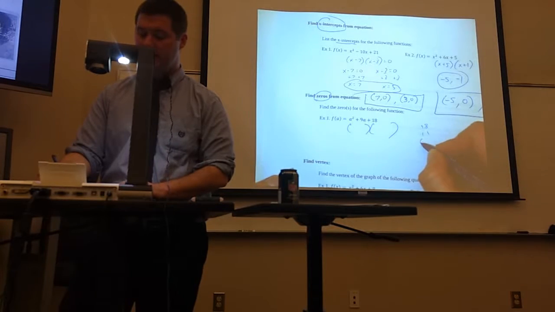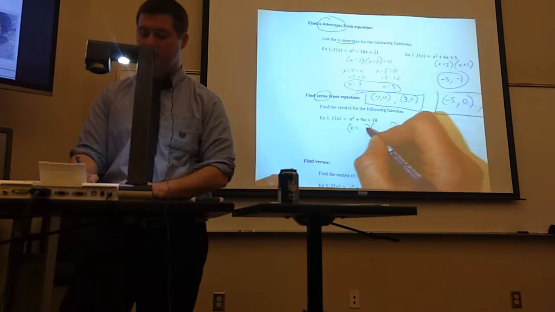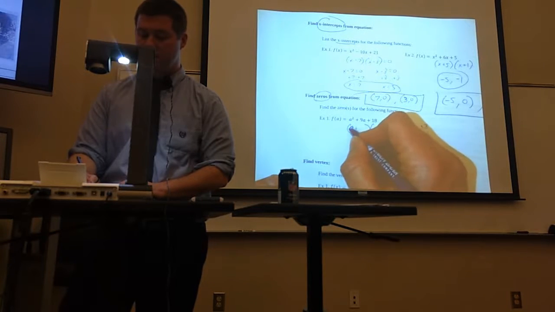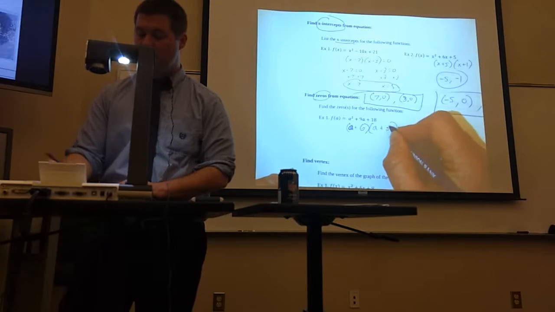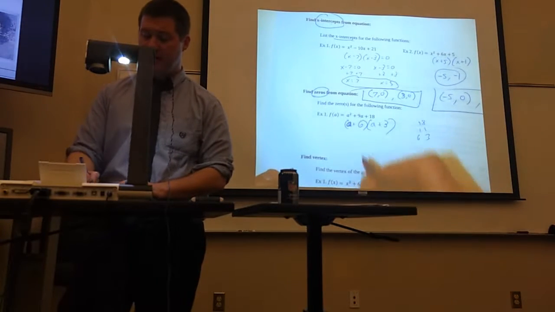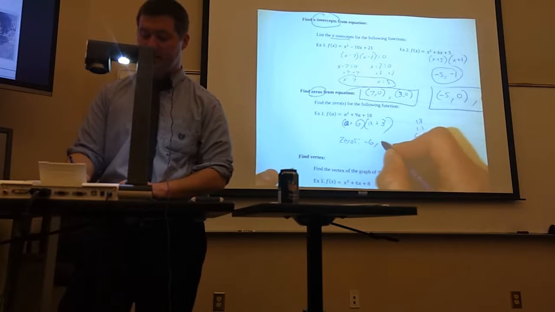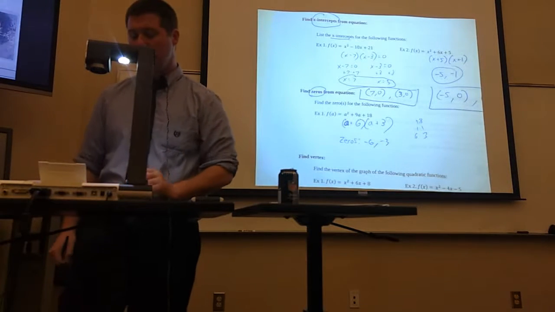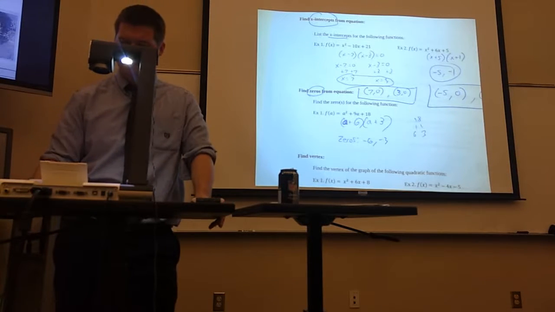Oh, yeah, that works. All right. A plus 6 and a plus 3, so the zeros are negative 6, negative 3. Okie dokie.